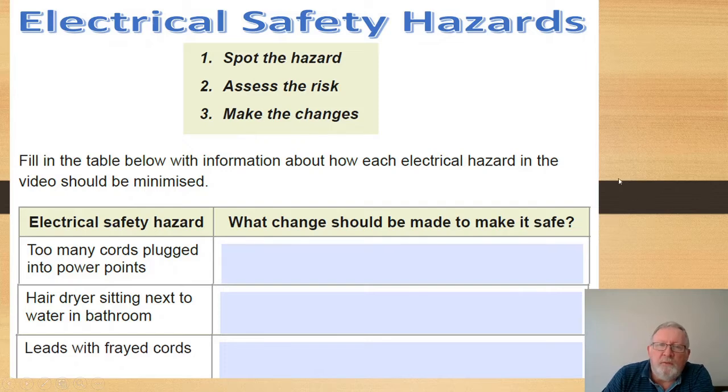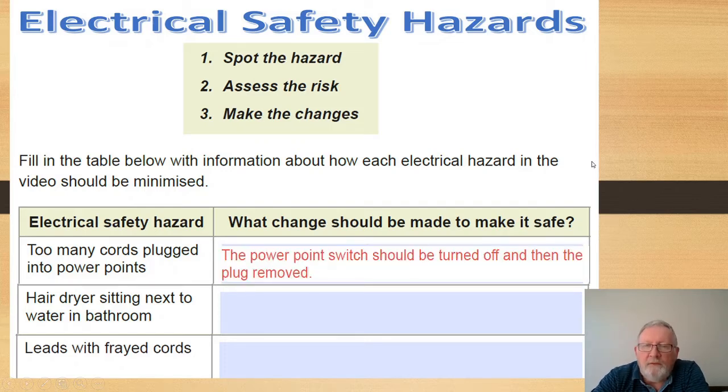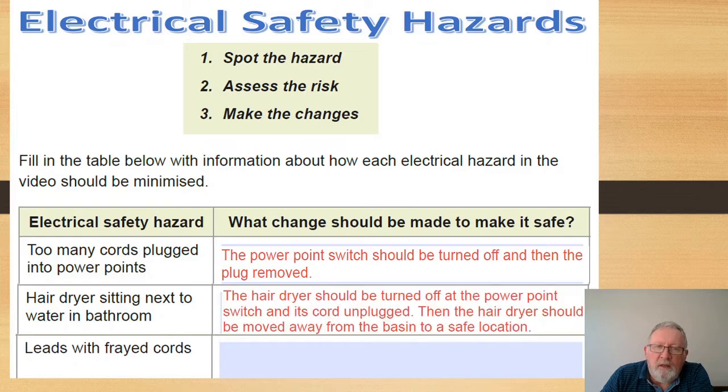So, what change would you make? Well, turn them off, remove them from the plugs. There should only be the correct number that the plug is designed for. The hairdryer should be turned off at the power point and its cord unplugged, and then the hairdryer should be taken right away from that water basin.